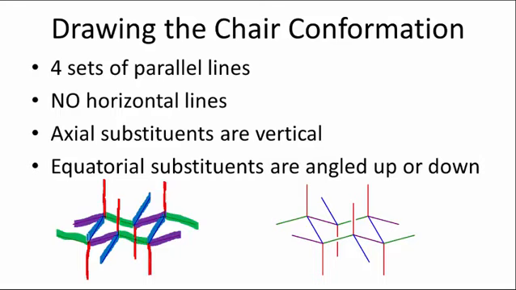So chair structures always consist of those 4 sets of parallel lines, and at each vertex you'll see that there is one of each color represented. So when you draw these, it's important that all the lines you draw are parallel to what they're supposed to be parallel to. And the only way to get there is through practice. So it's important that you draw these things over and over. You ask me to critique them.